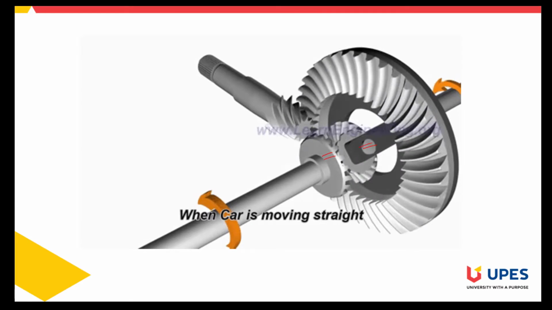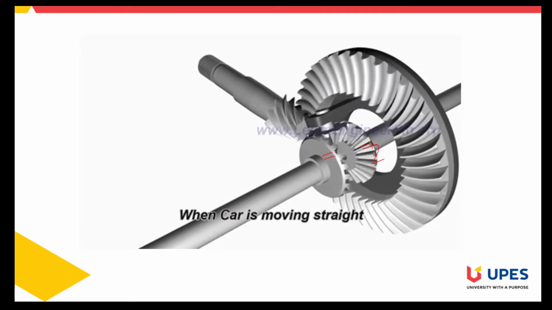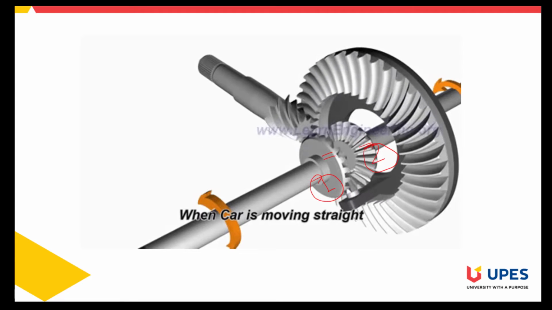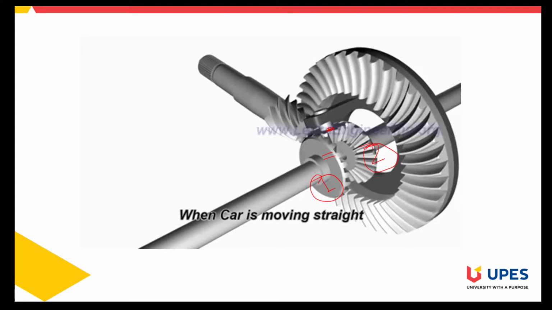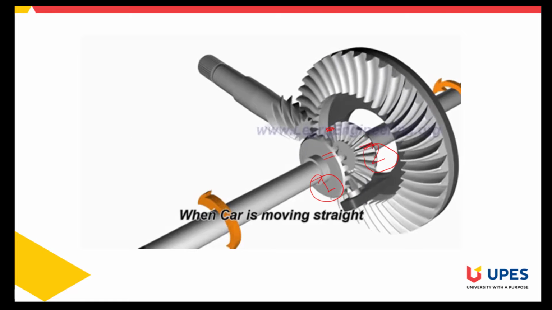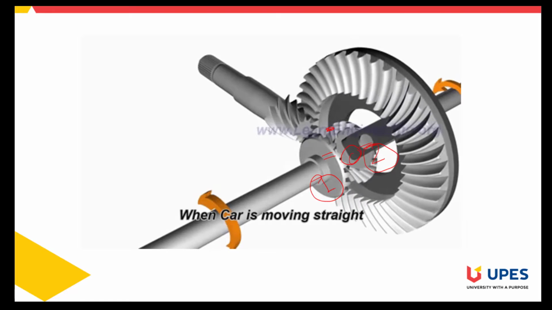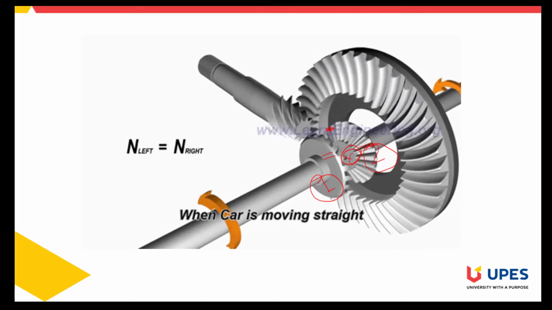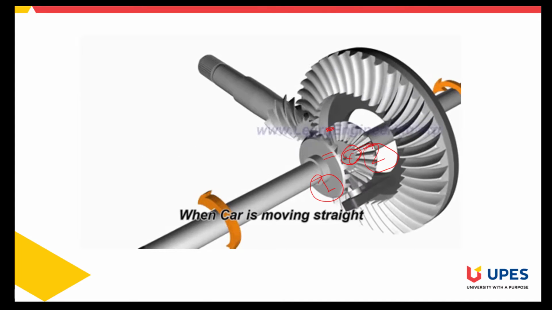Therefore, gear 2 will move faster compared to gear 1, and at the same time you should remember that at that point this small pinion will start rotating about its own axis. Again I am pointing out this gear will start rotating about its own axis, otherwise it is acting as a key when the vehicle is moving on a straight road.